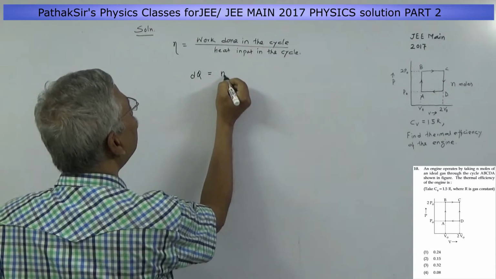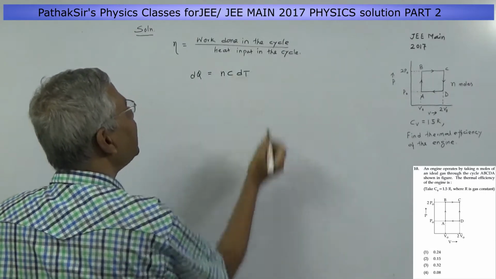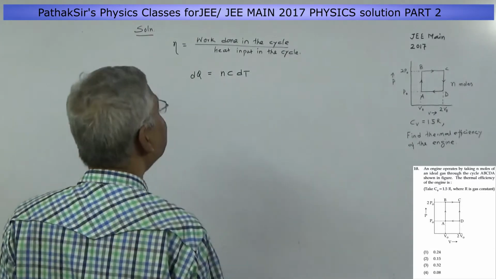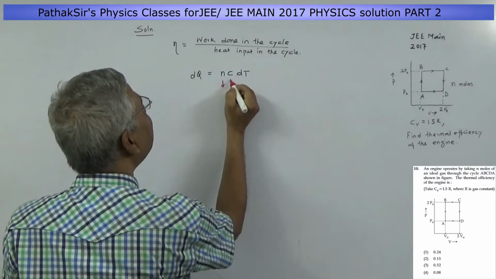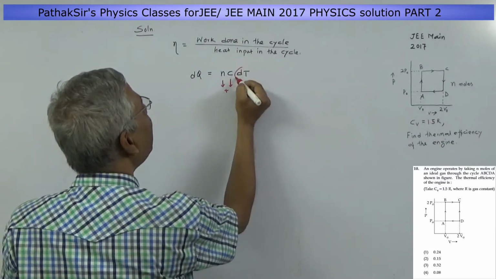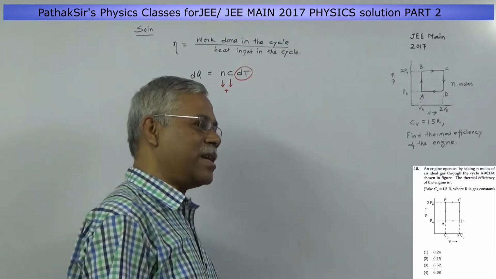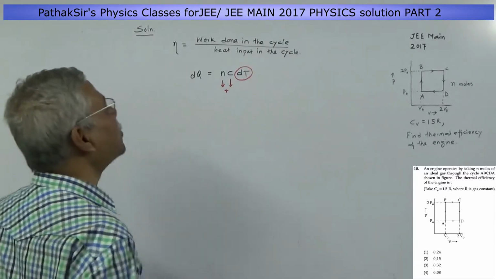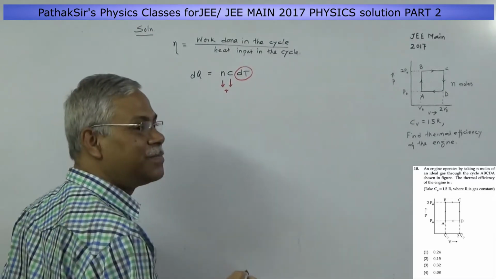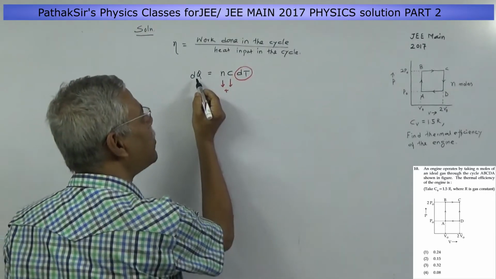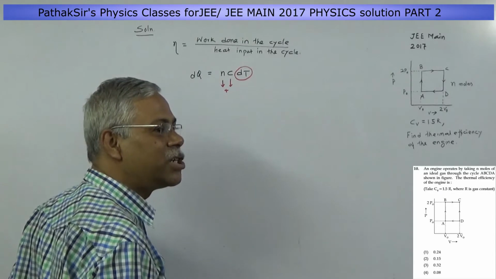dQ equal to nC dT. n is positive, C is also positive, only dT may be positive or it may be negative. If dT is positive, that means dQ is also positive. That means final heat is greater than initial heat.